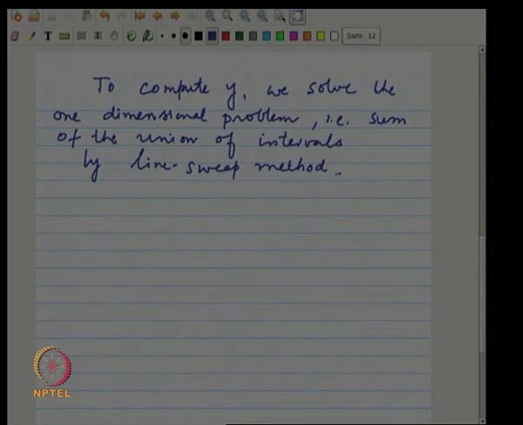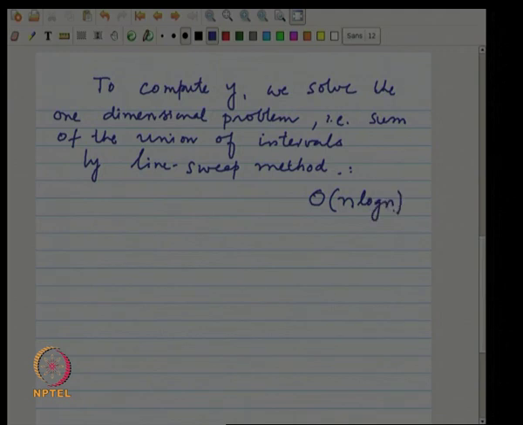If you are just looking at all these instances as independent problems, this could take about order n log n time if we sort.